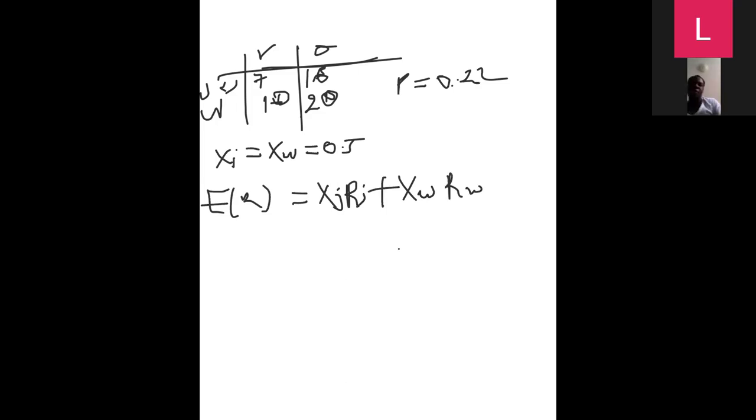So X of J represents the weight of each of the assets. So X of J in this case equals 0.5.